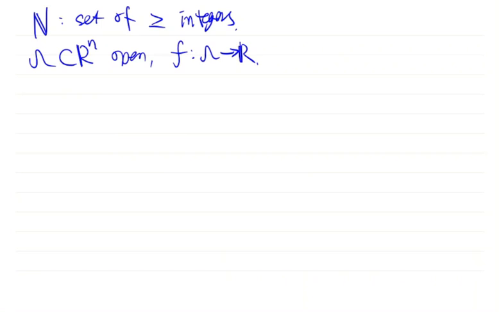So for alpha equals alpha 1 through alpha n in the Cartesian product of n of these non-negative integers, an element has n components, all non-negative integers.